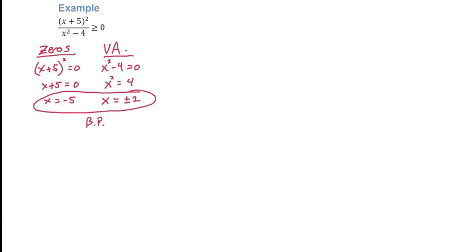We'll put those boundary points on a number line. Make sure you put those boundary points in order. We have negative 5, negative 2, and positive 2. Notice that the boundary points break up the number line into 4 different intervals in this particular case.